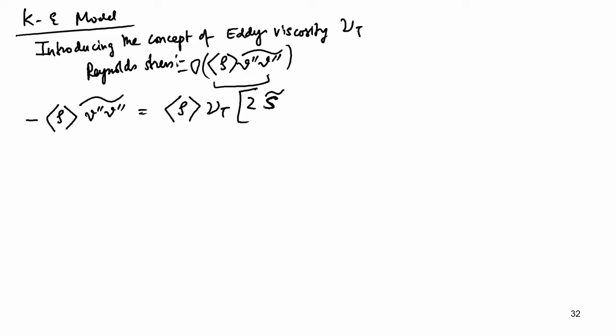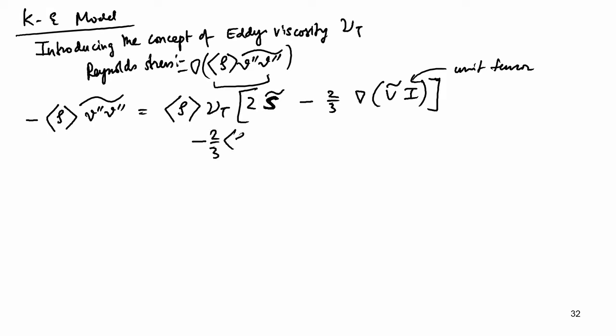Here the strain rate tensor is essentially Favre averaged. This I is a unit tensor. So, this is how you introduce this, minus a 2/3 k, whereas k is the turbulent kinetic energy, Favre averaged.